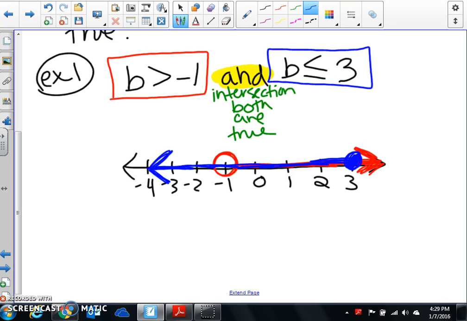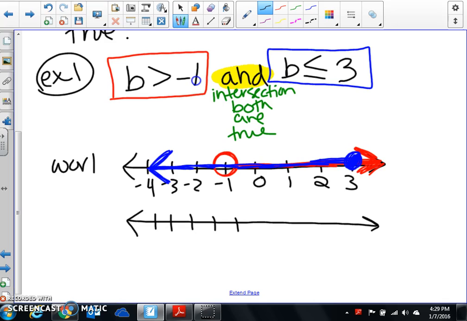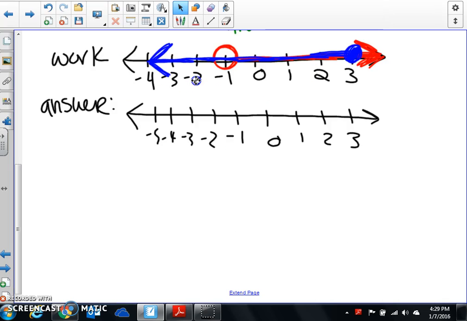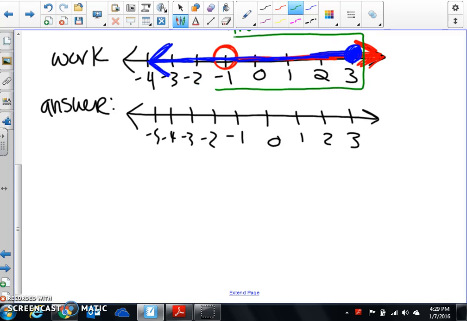So like I said before, it's the intersection. It's where they are both true. So I'm going to make another number line because remember, this is just your work. This one's going to be our final answer. Our final answer is this section where they both overlapped.